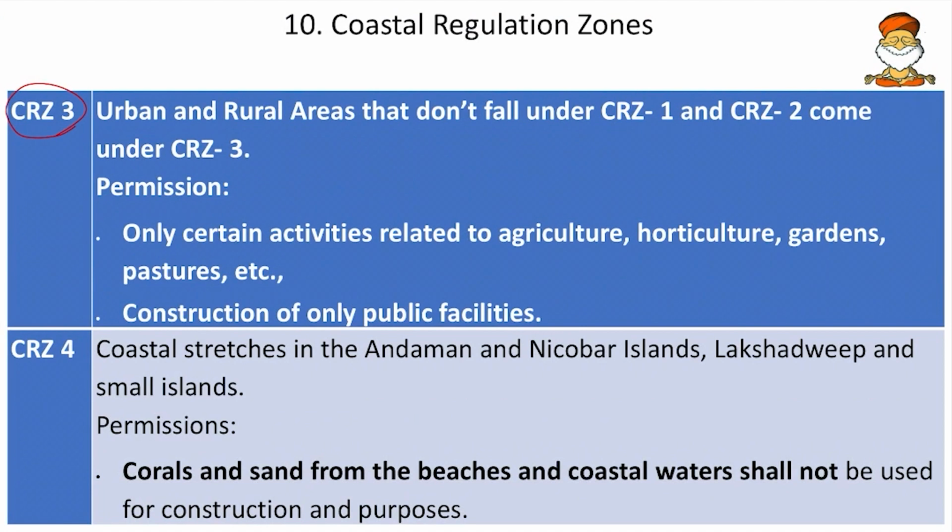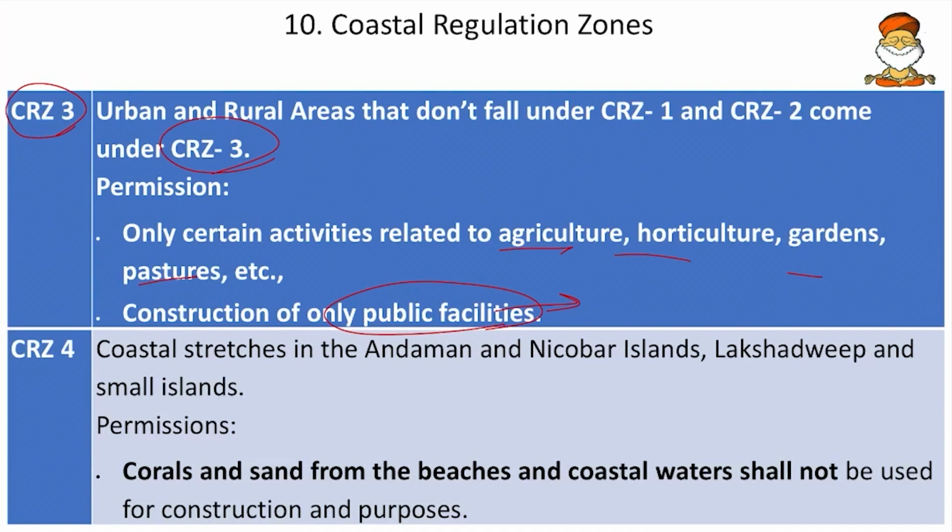Here urban and rural areas that don't fall under CRZ 1 and 2 come under it. These have more population in urban and rural areas, and certain activities like agriculture, horticulture, gardening, pastures, residence and building construction are allowed. And here only the construction of public facilities, which are very basic necessities and public buildings, is allowed. Nothing like factories or industries, profit-motive ones, is allowed.